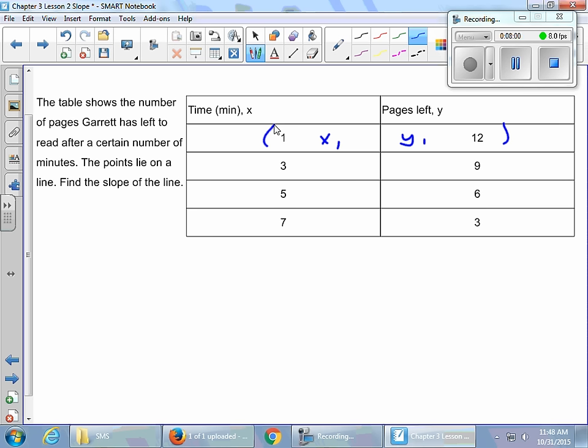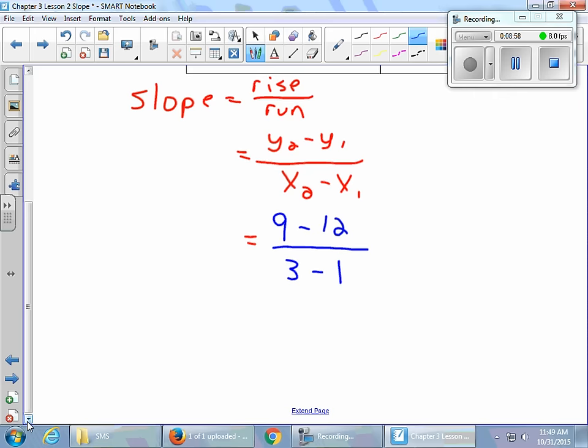Our y2 is 9 minus our y1, which is 12, over x2, which is 3, minus our x1, which is 1. And now let's do our math. 9 minus 12 is negative 3. 3 minus 1 is 2. So looking at that, our slope is negative 3 over 2.